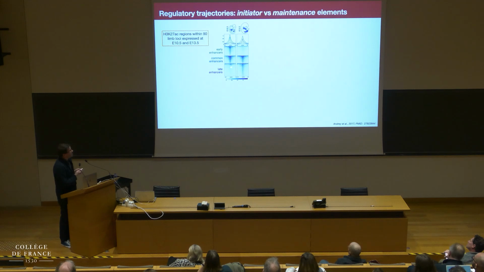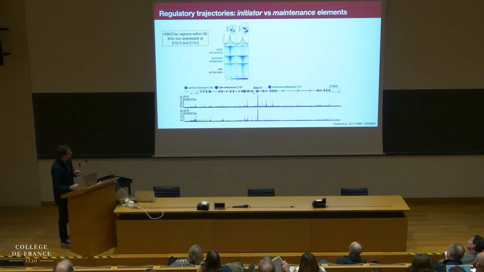In contrast, you have late enhancers that are inactive at early stage and quite active at late stage, and then you have this bunch of elements in between that seem to be active at all of the stages we look at. But you can see that it's quite an important proportion of enhancers that are stage specific.